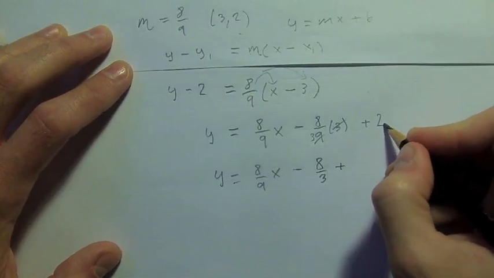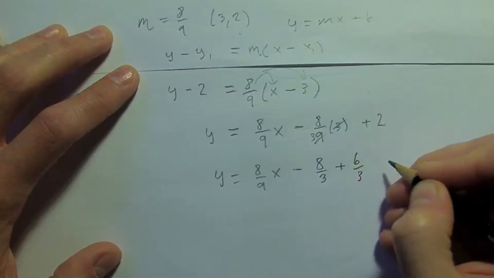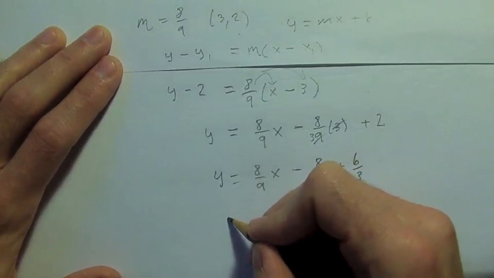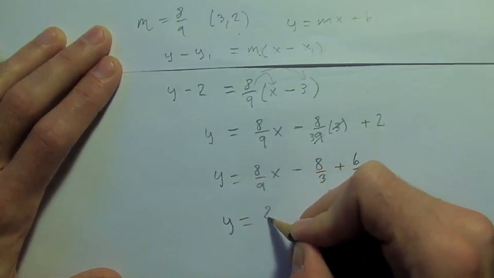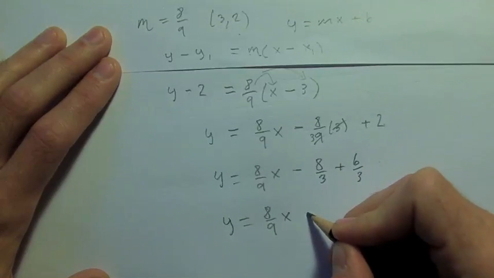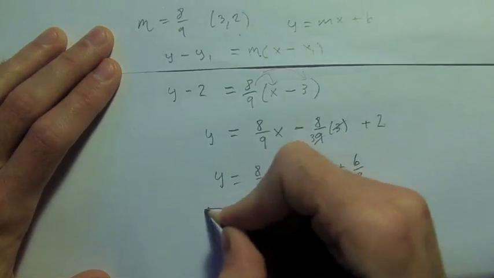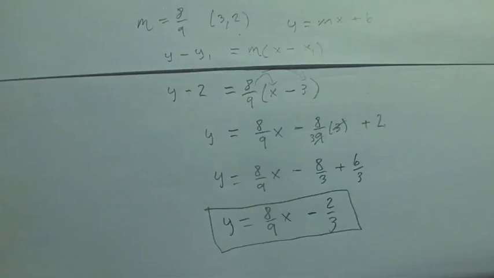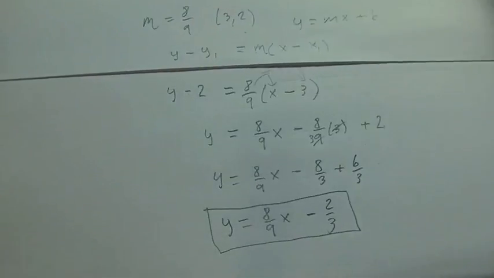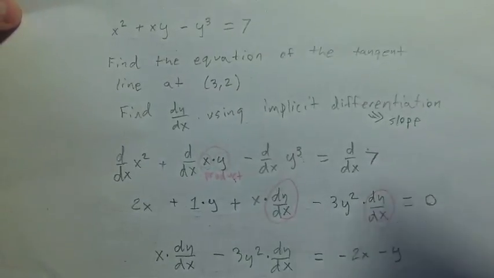And I have plus 2, alright, which is going to be 6/3 if I want that as a fraction. So I'll end up with y equaling 8/9 x, and that will end up being negative 2/3. So there we go. That is the equation of the tangent line at that point, for that expression. Okay, for this guy here.